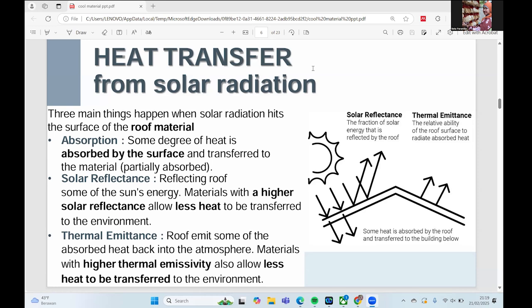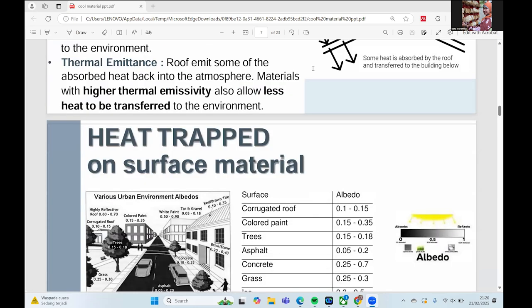The most important thing is also the thermal emittance. It's going to work only after the sunset. When we have dark color, dark material, heavyweight material, the ability to emit is really much less compared with light material. So we need both reflectance and emittance to make our surrounding area, the urban outdoor area, much nicer for the pedestrian.